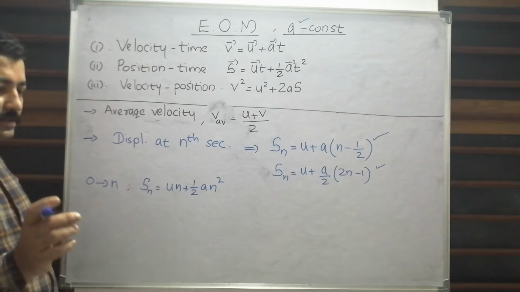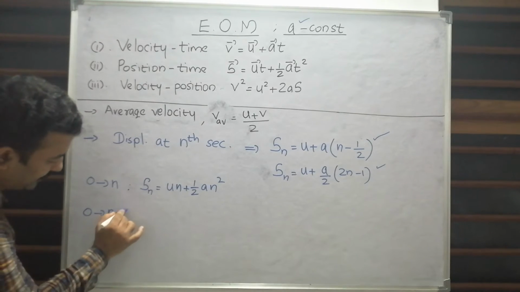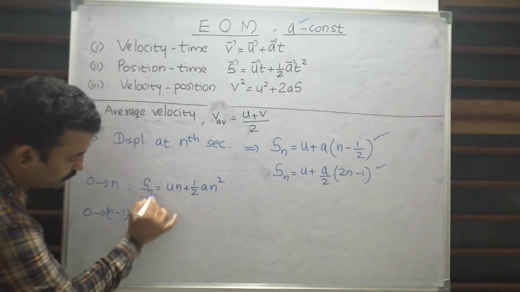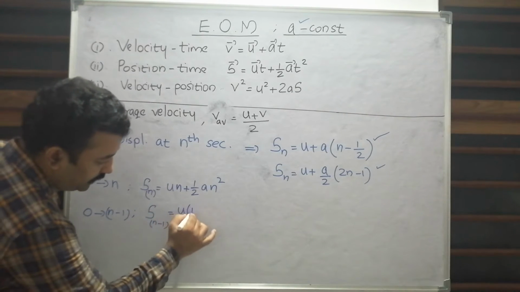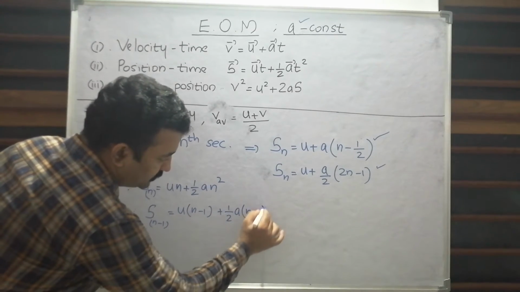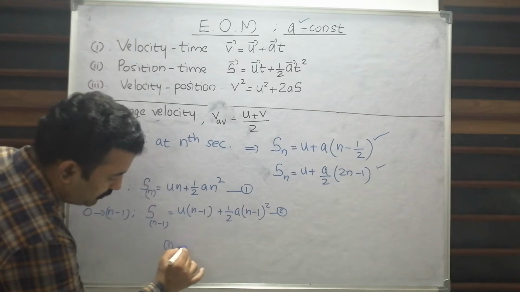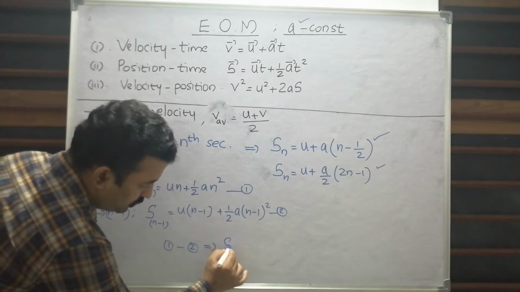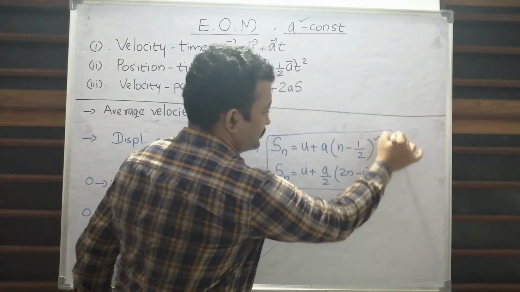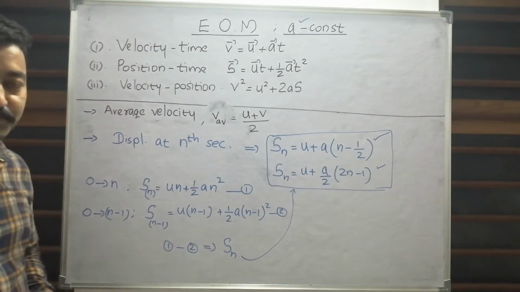We have to find the displacement in the nth second, so we subtract the displacement till n minus 1 seconds, which is u into (n minus 1) plus half a (n minus 1) the whole square. This is equation 1 and this is equation 2. 1 minus 2 will give you Sn as the expression. That is the nth second displacement of the particle.